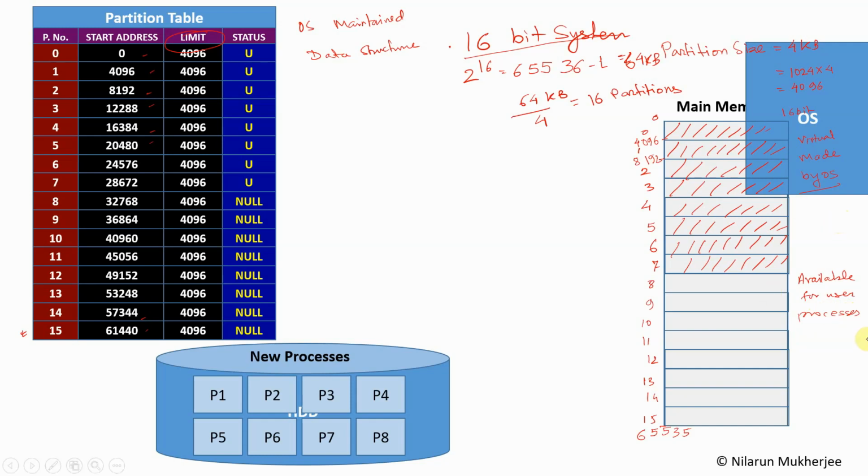So you can see, as the OS is loaded, the status of these partitions is now used, and for these partitions that are not used, the null means they are available.